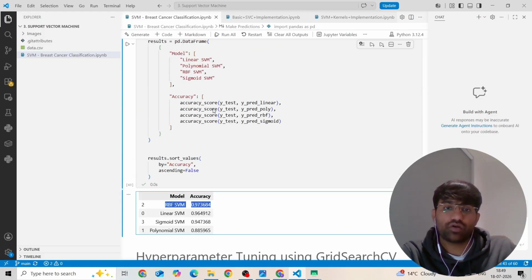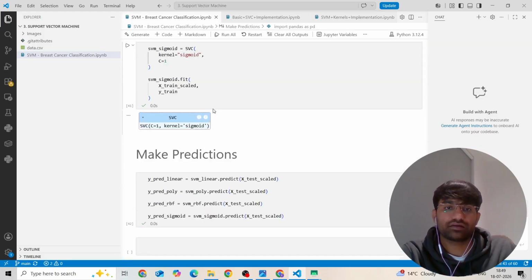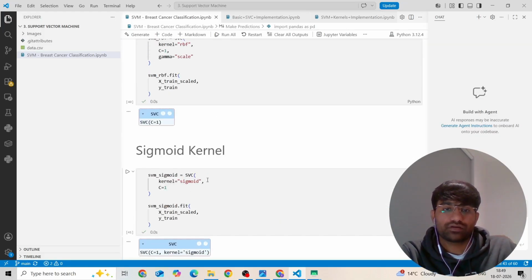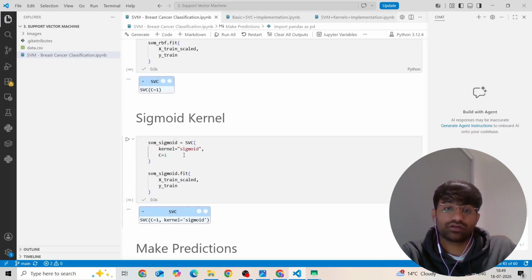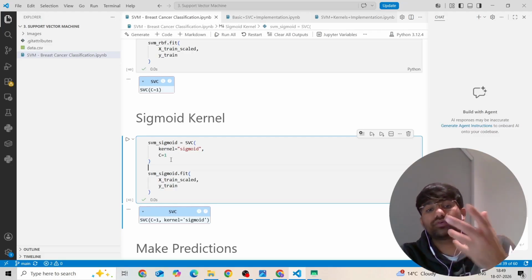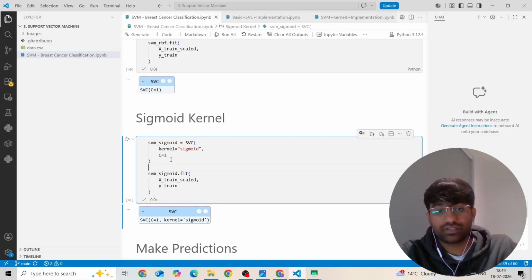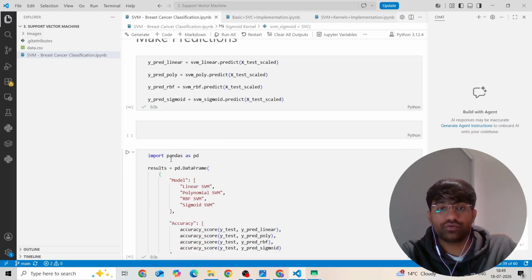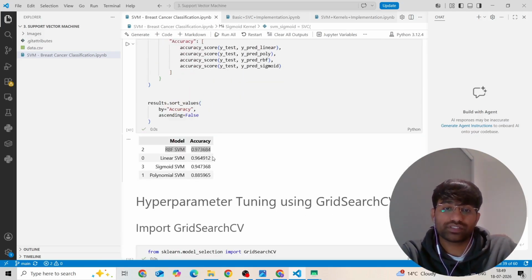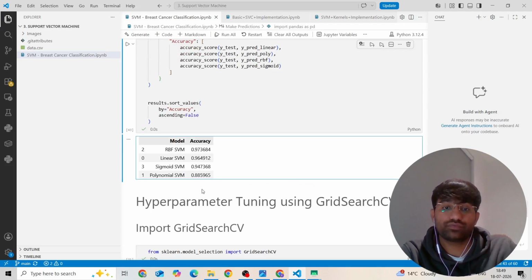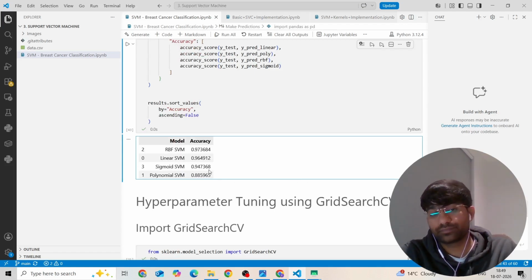So this is a very long process, right? Building, fitting the model with different kernels. Every time you have to write the code, build the model, train the model, make the prediction, then plot the accuracy and check yourself which is the best model.